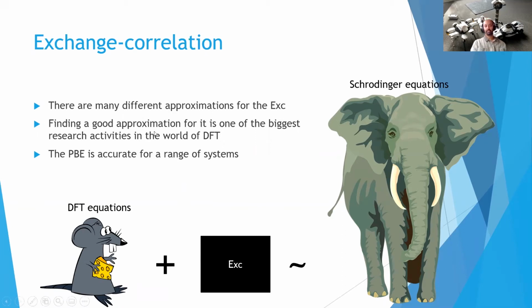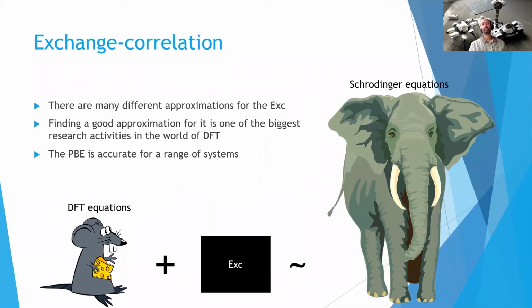Finding a good approximation to make this mouse as smart as this elephant, as I said, is one of the biggest research activities, and PBE, which was introduced in 1996 by a group of 3 star DFT people, is one of the very accurate exchange correlation potentials introduced for a very large number of systems, including molecules, atoms, solids, and even 2D materials.